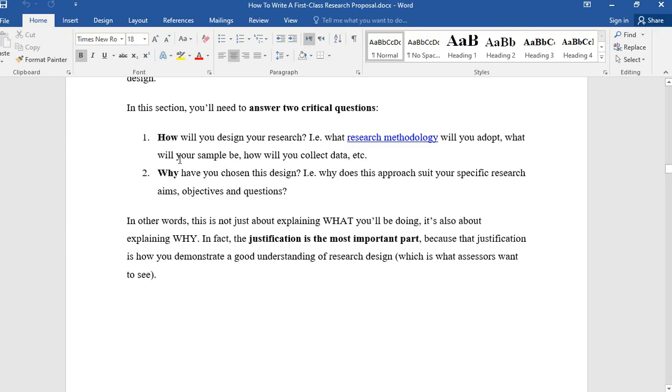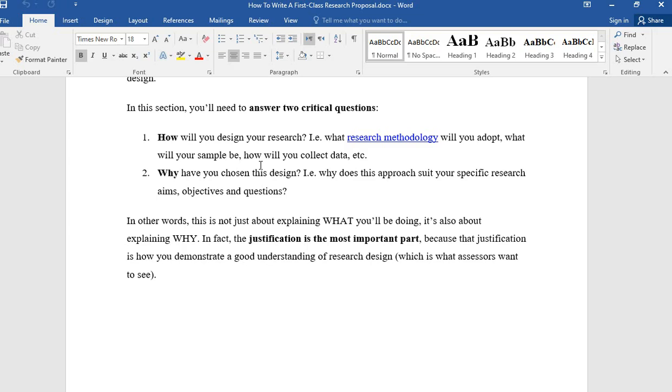The sample means the subjects or the people or the students or teachers on whom you're going to work and collect the data. So how will you collect the data, and the procedure? How will you collect the data, which is actually called the procedure of your study, or sometimes the procedure of data collection. And after that, we explain the procedure of data analysis.